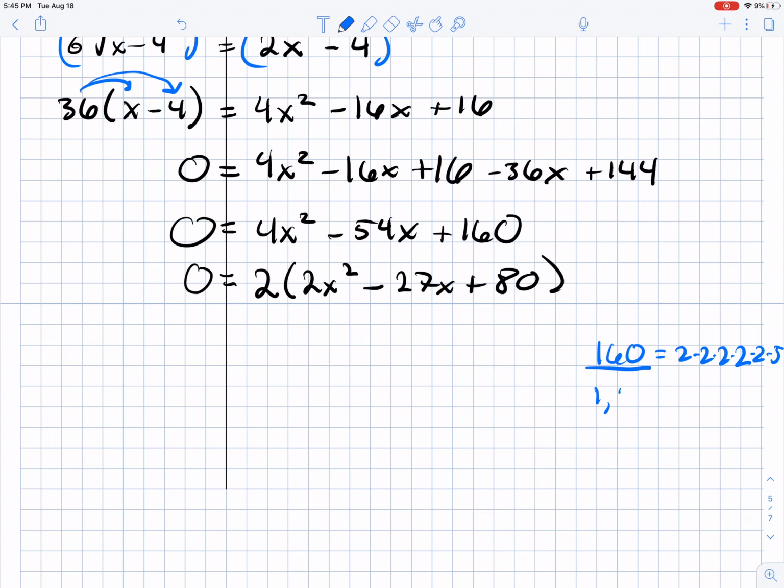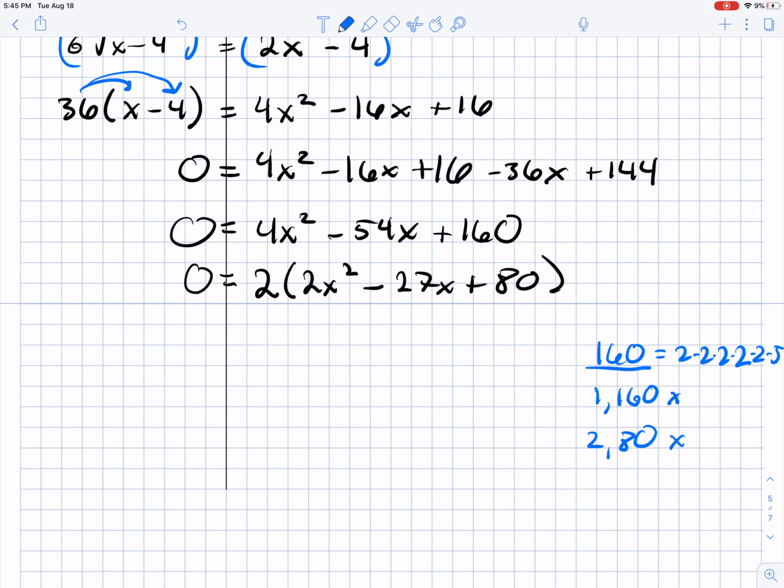So we have 1 and 160, but that adds up to 161. We can do 2 and 80, but that adds up to 82. So that's no good. Can we do 3? Notice there's no 3 in this list, so we can't do 3. We can do 4. If we use this 4, what's left is 8 times 5, which is 40.